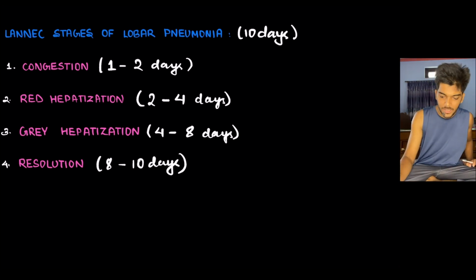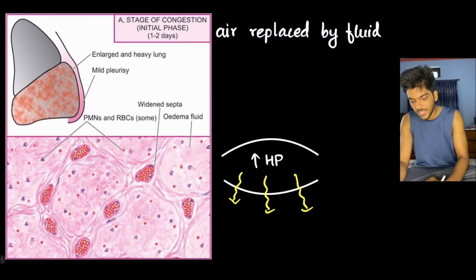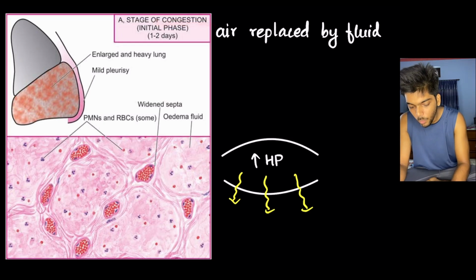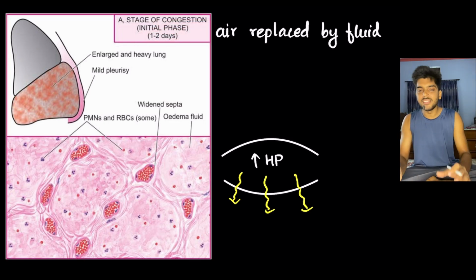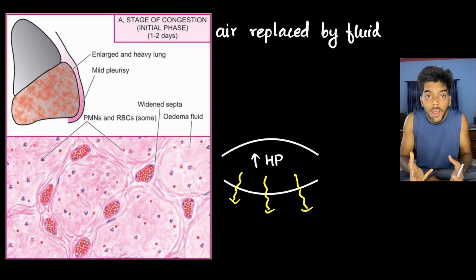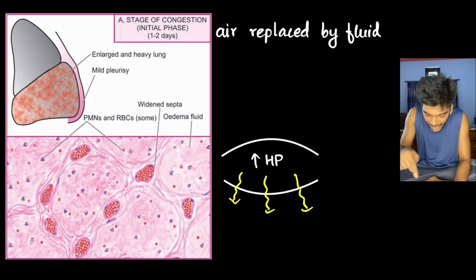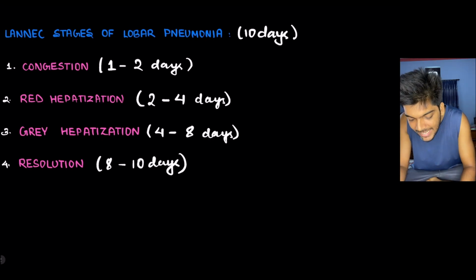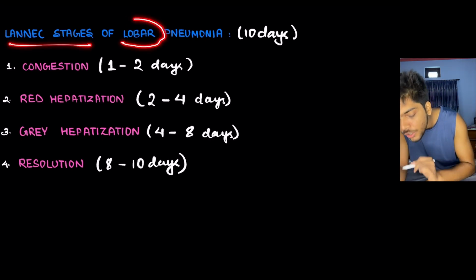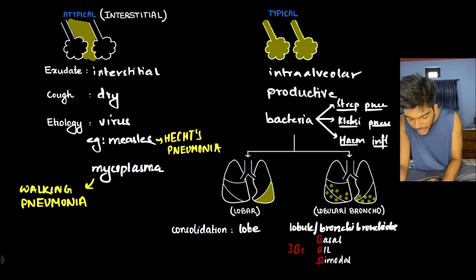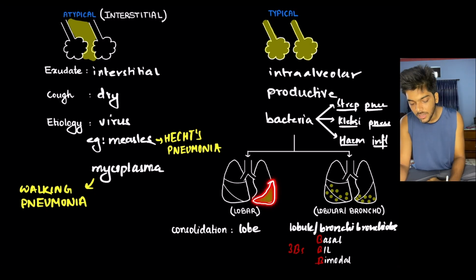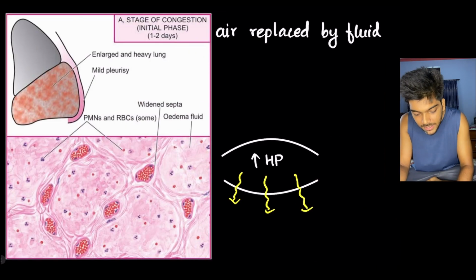Okay. Now, each stage. First, congestion, which lasts from 1 to 2 days. We are learning about the Laennec stages of lobar pneumonia. Lobar pneumonia means a complete lobe of a lung or a huge part of the lobe of a lung is consolidated. So trace the lobe of the lung.